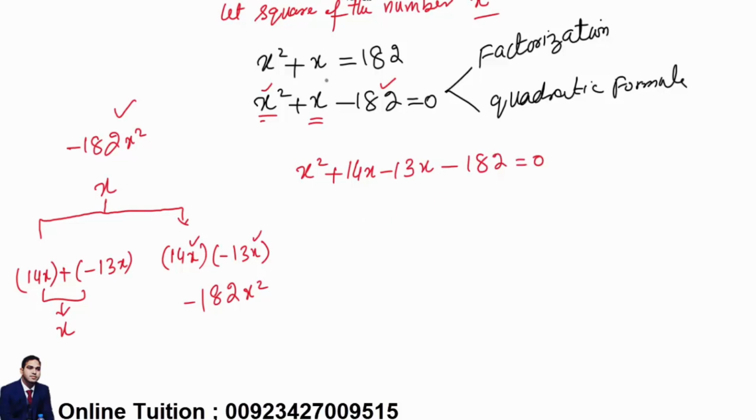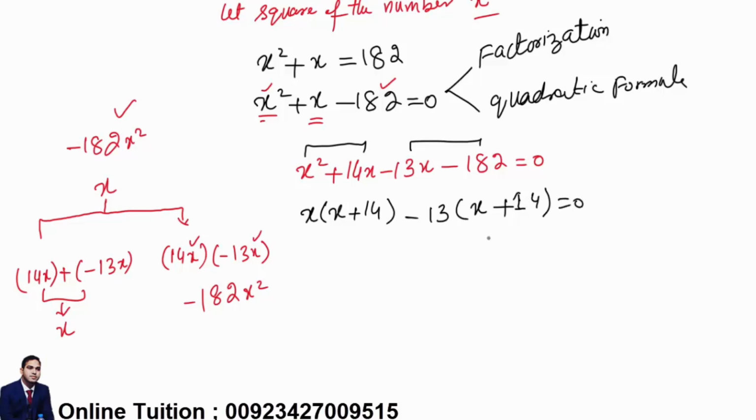Now take x common from the first two terms, x plus 14, and negative 13 common from the other two terms: x plus 14, since 13 ones are 13 and 13 fours are 52, equal to 0.